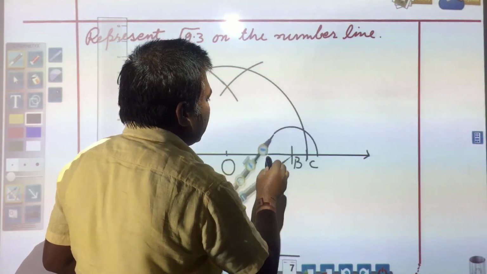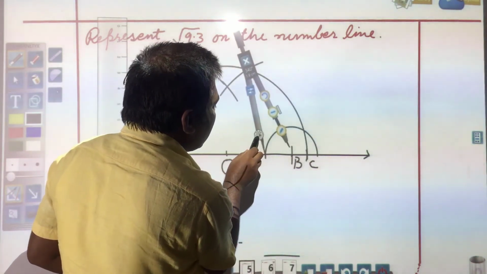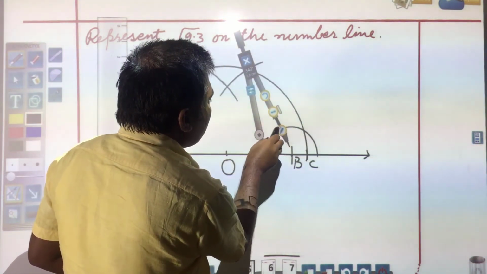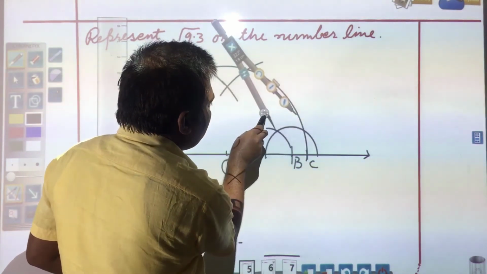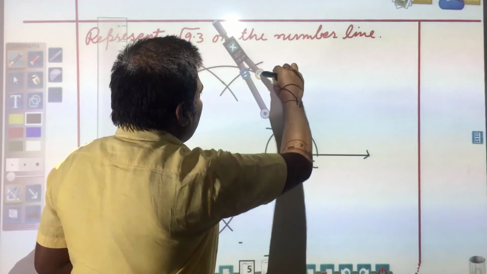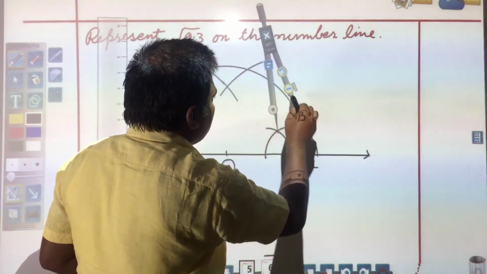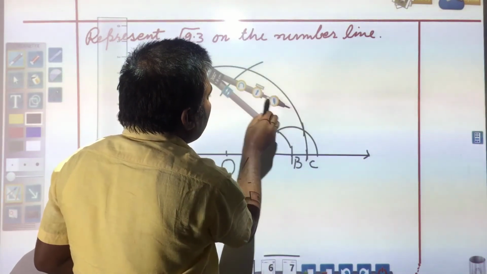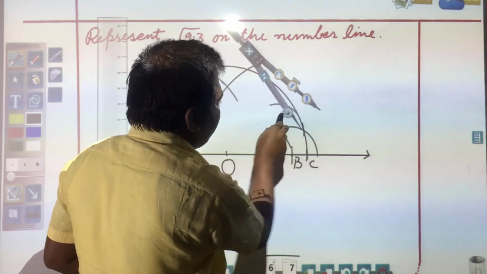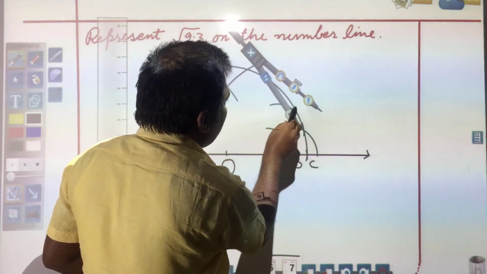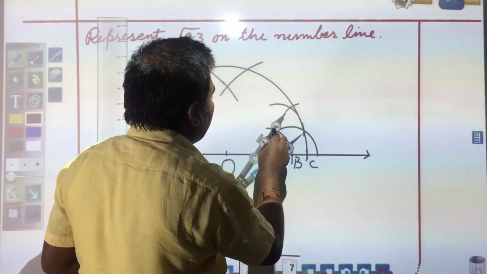So, like this you will draw, and this will be here like this, and bit smaller you keep this arc like this. Here you draw, and again final point is required here. This is your final point.